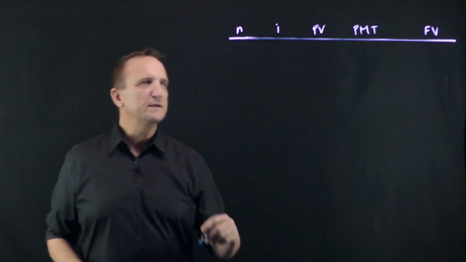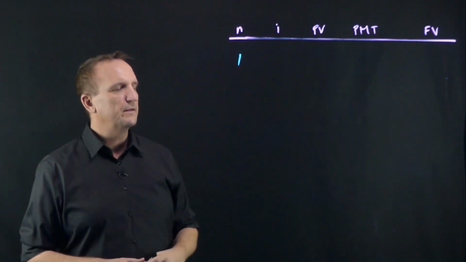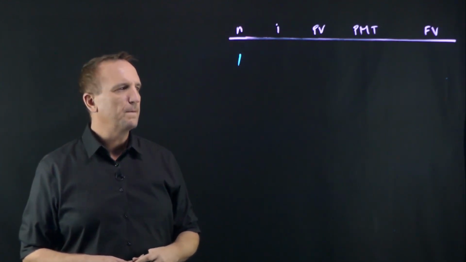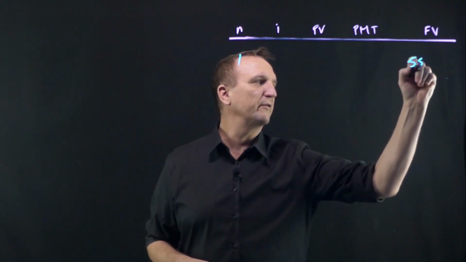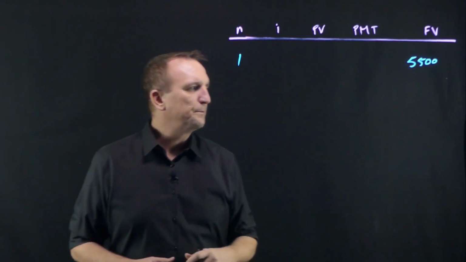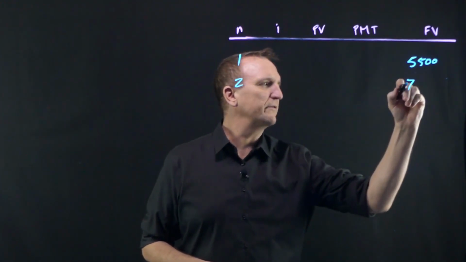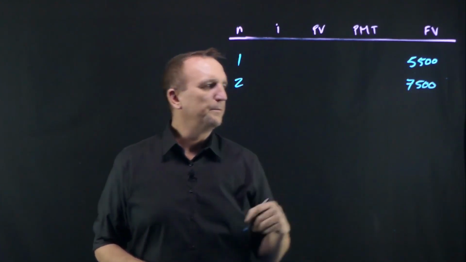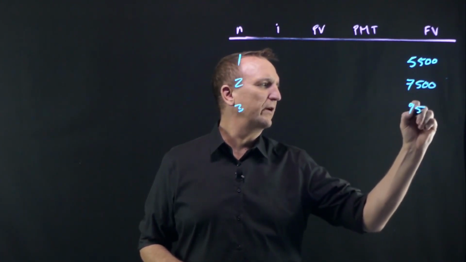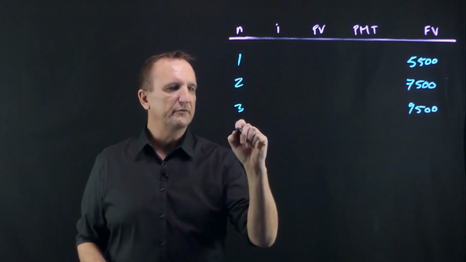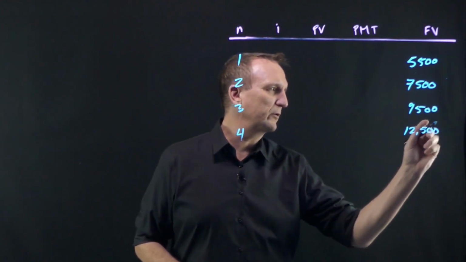So in this case, after year 1, it's going to pay us a future value of $5,500. After year 2, it's going to pay us $7,500. After year 3, $9,500. And after year 4, $12,500.